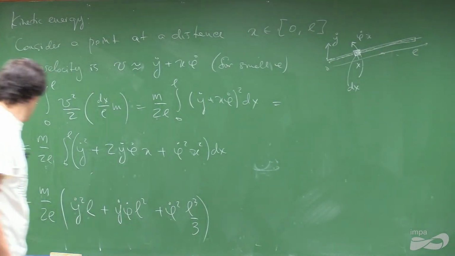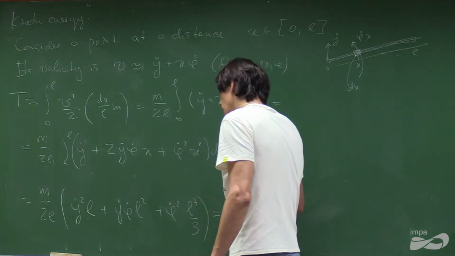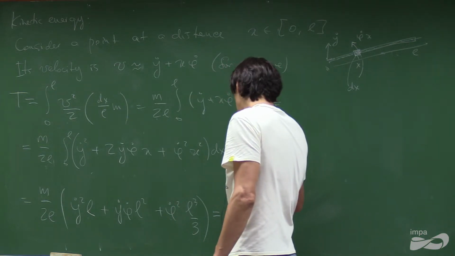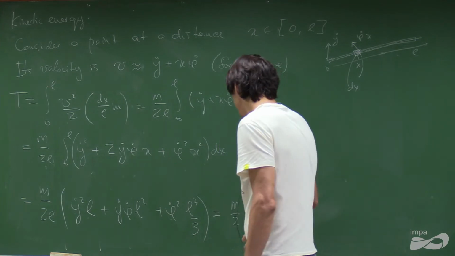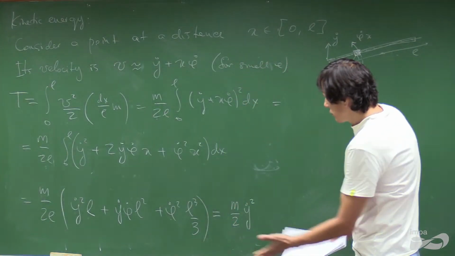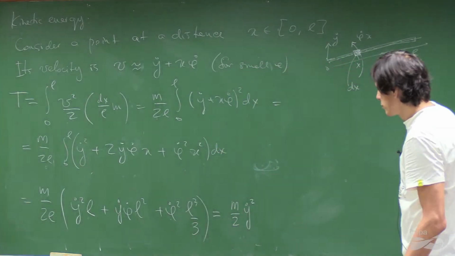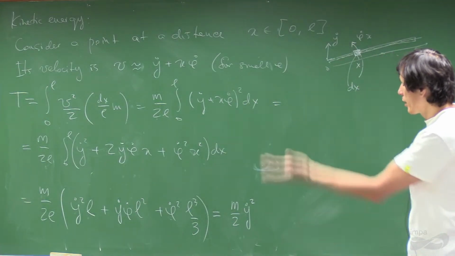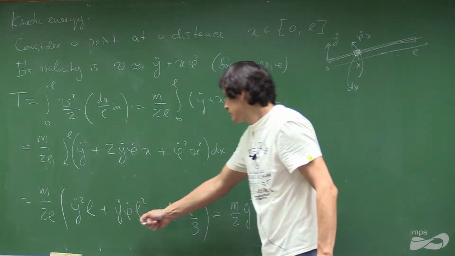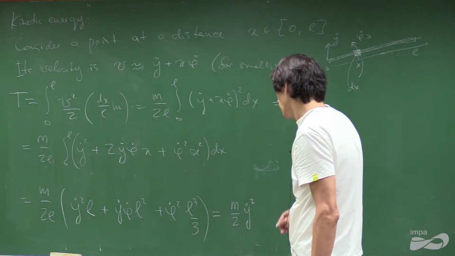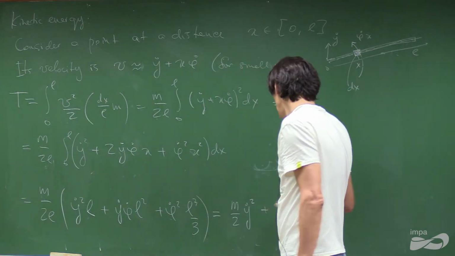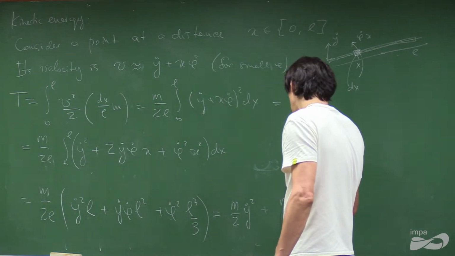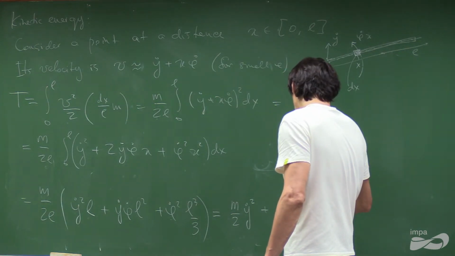Good. Let's just open up the expression. It will be m over 2 y dot squared. This is the kinetic energy of the body just moving up and down. Then there will be this cross term, plus m, one L will cancel, over 2 y dot phi dot.